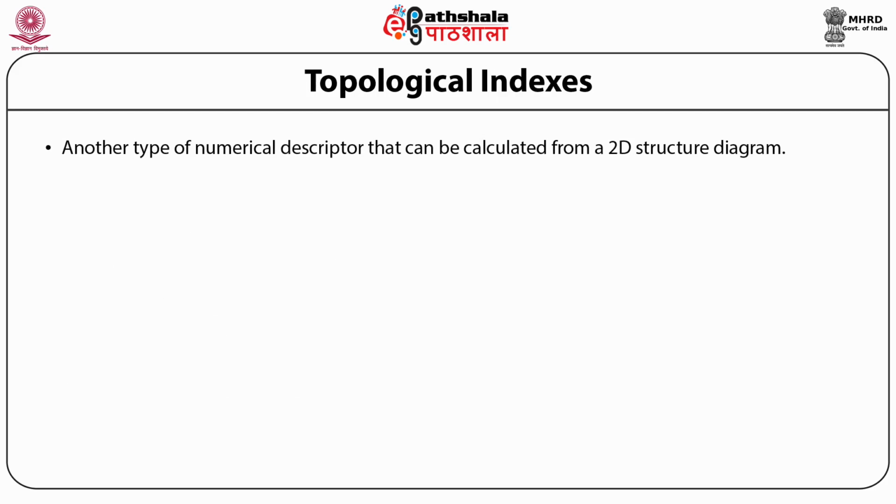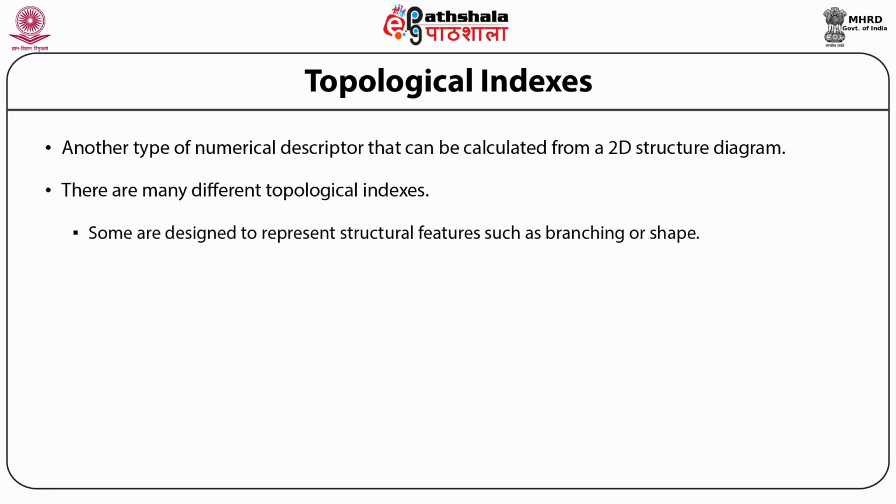One of the very important kinds of descriptors are topological indices. These can be calculated from the 2D structure. There may be many topological indices, but a few of them have a very important role to play, and some are designed to represent only structural features, like how much branching there is, and how much structural or substructure similarity there is.